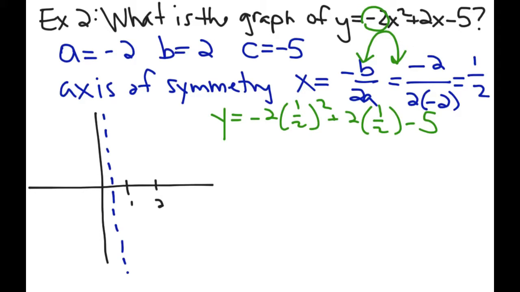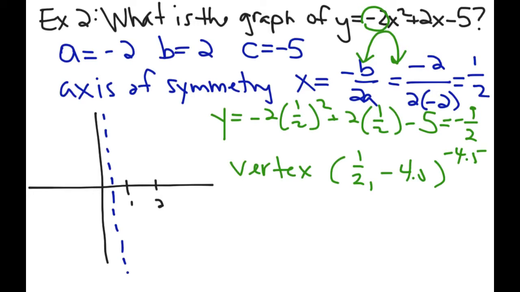My calculator spit out negative 9/2 or negative 4.5. So now I know the vertex is at 1/2, comma, negative 4.5.